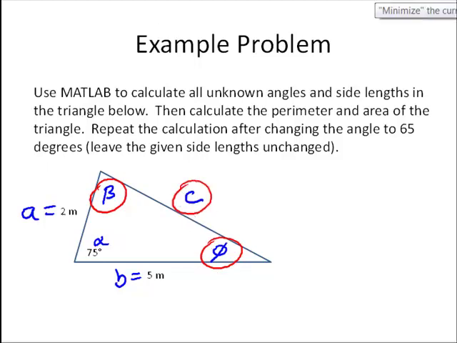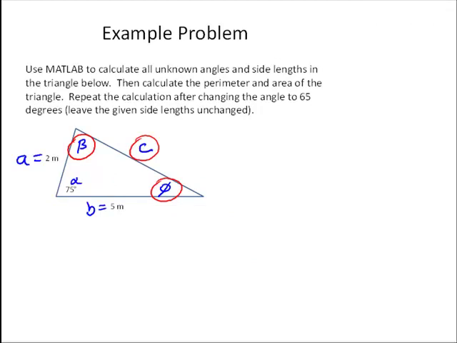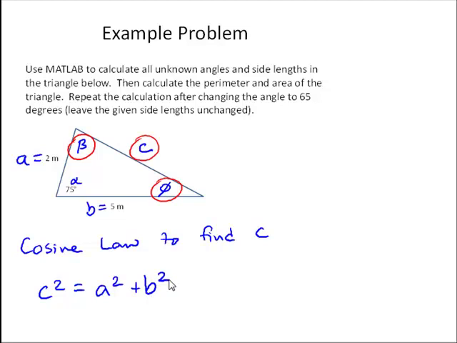So digging back in our memories, let's remember how we can do that. Well, first of all, to find c, we can use the cosine law. That is c squared is equal to a squared plus b squared minus 2 times a times b times the cosine of alpha. Okay, so there's the cosine law.